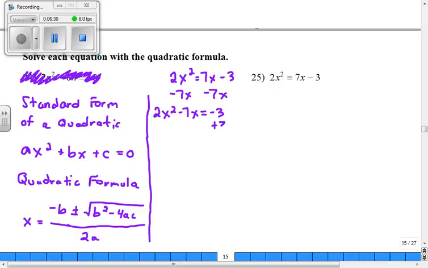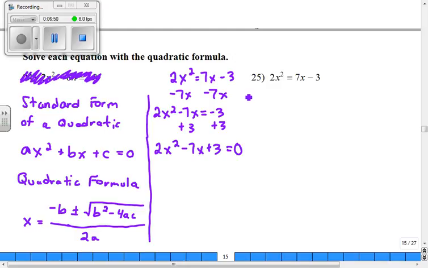Now I'm going to add 3 to both sides, which gives me 2x squared minus 7x plus 3 equals 0. So now I have my equation in standard form.